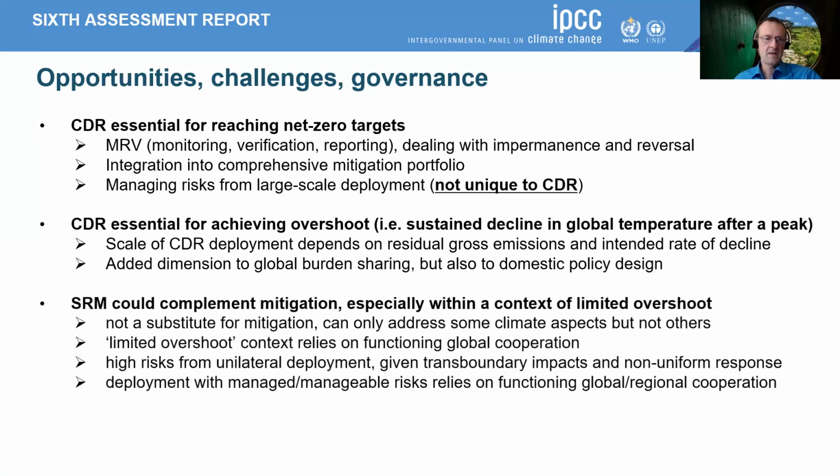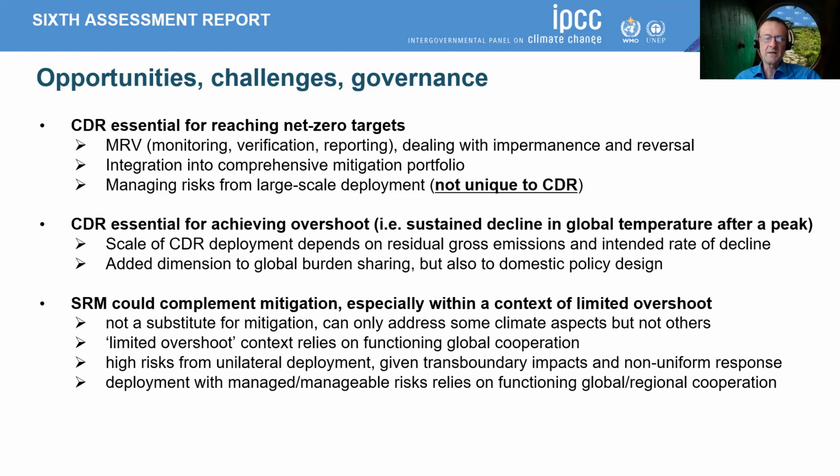On SRM, I think it's pretty clear and widely agreed that SRM can complement but not substitute for mitigation. It's particularly effective in the context of a limited overshoot. But limited overshoot in itself relies on functioning global cooperation to achieve net negative global greenhouse CO2 emissions in order to achieve the peak and decline in temperature in the absence of solar radiation modification, which allows a gradual exit strategy.